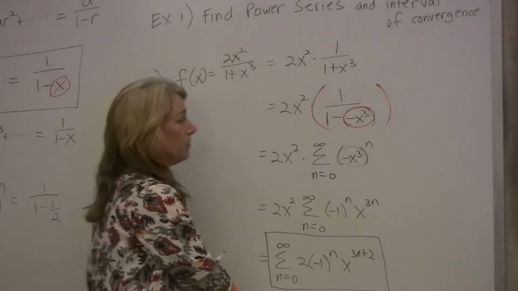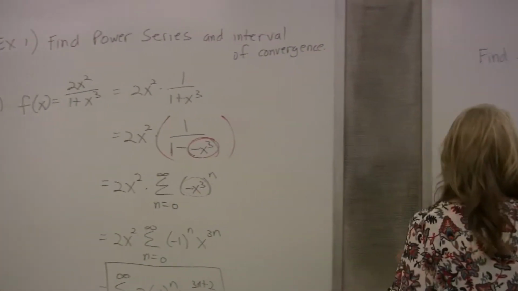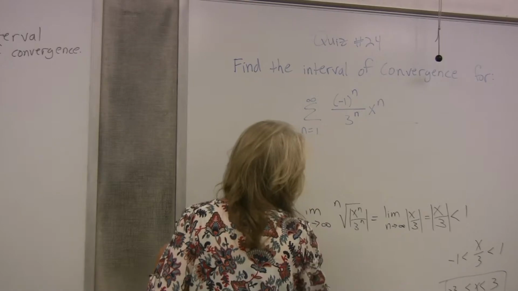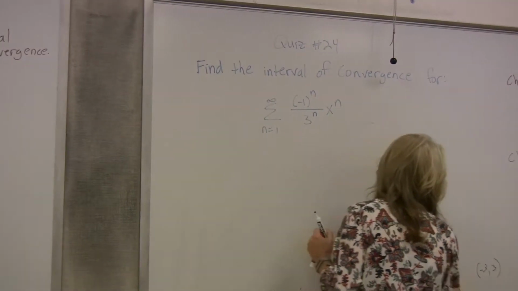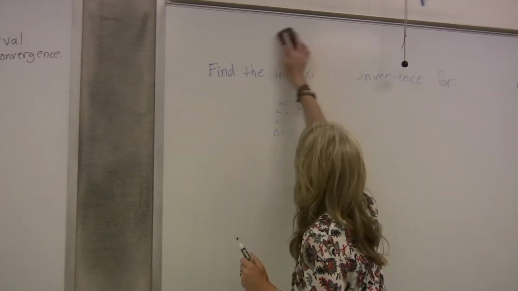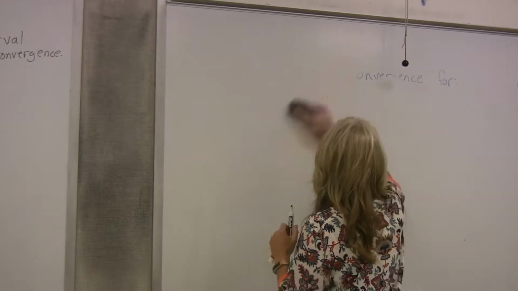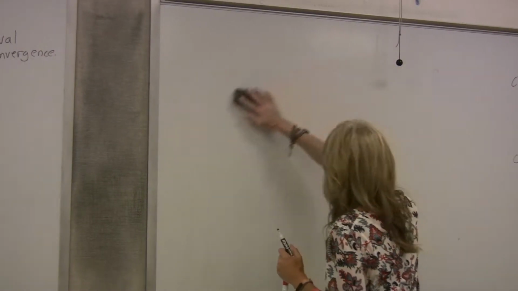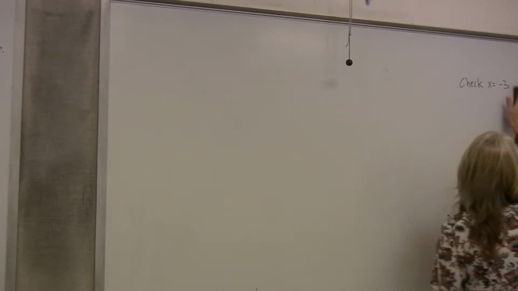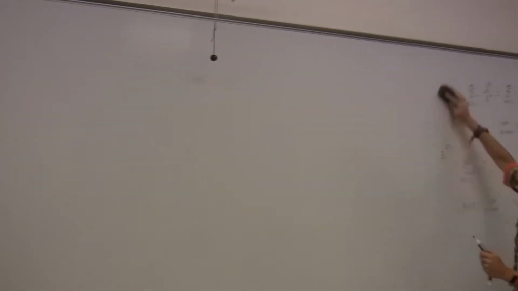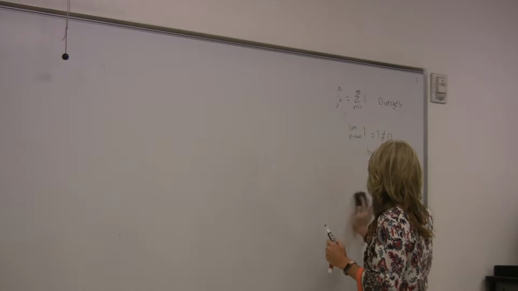How do we find the interval of convergence? We use either the root test or the ratio test. Is this one an obvious root test one?